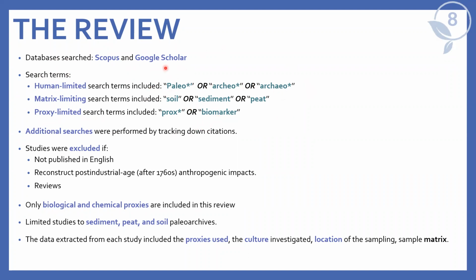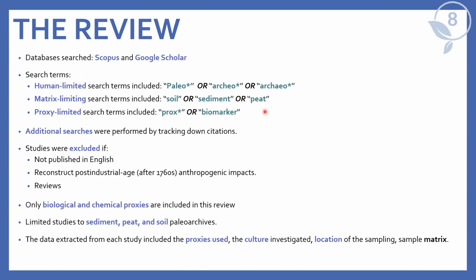So you have, basically this would be in brackets, and then this human limited search term would be linked to this matrix limited search term with an AND, and you can build a complex Boolean search term that would find paleo or archaeological related papers from the soil, sediment, or peat, and that use proxies or biomarkers.